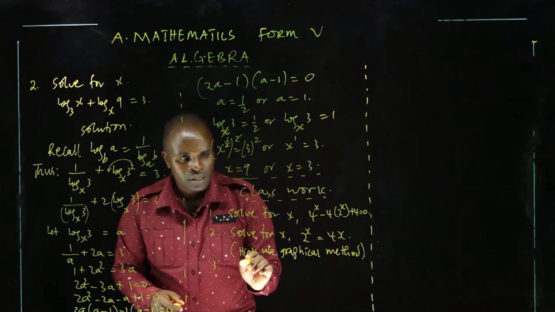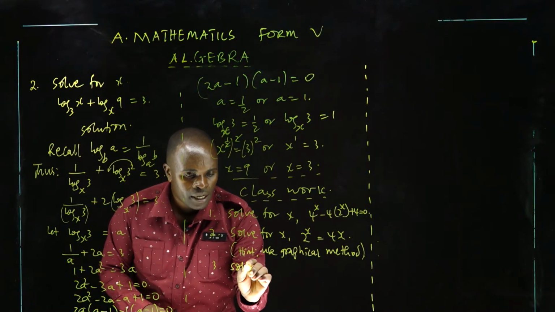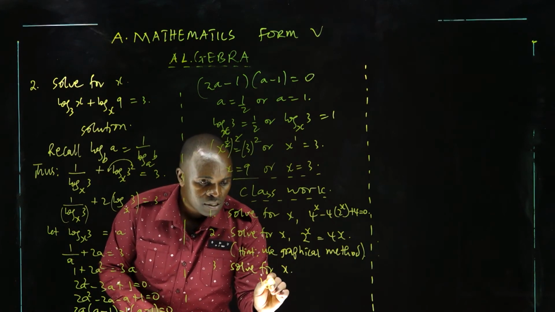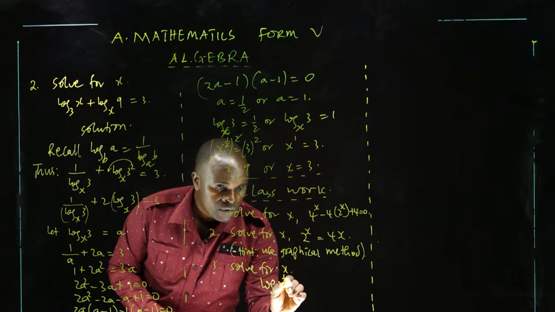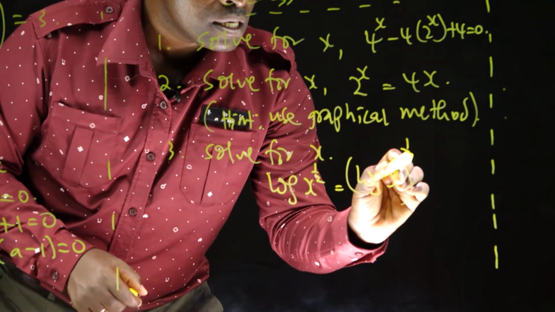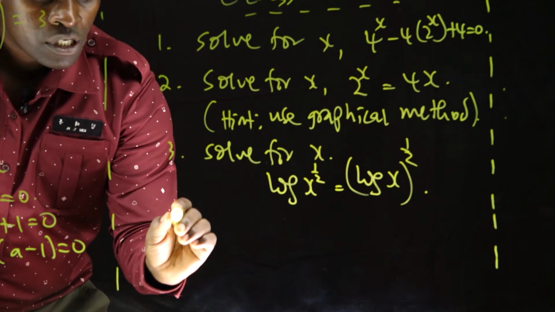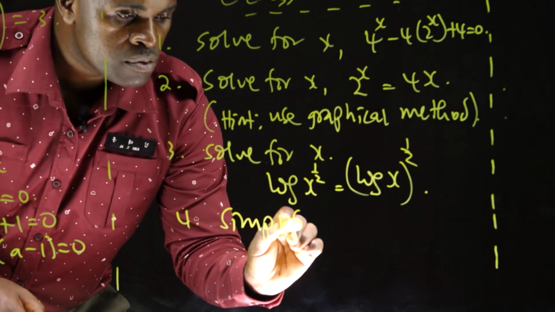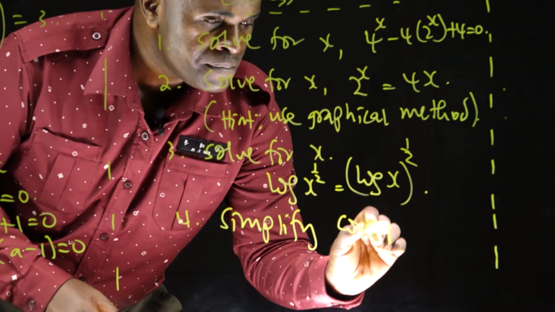Question number 3, solve again for x. We can say logarithm of x power half equals logarithm of x brackets power half. Question number 4, simplify completely.